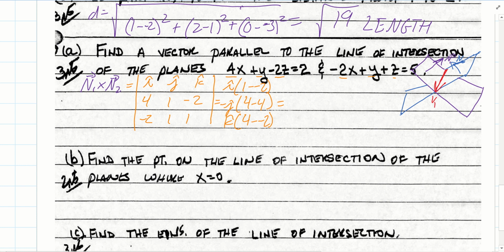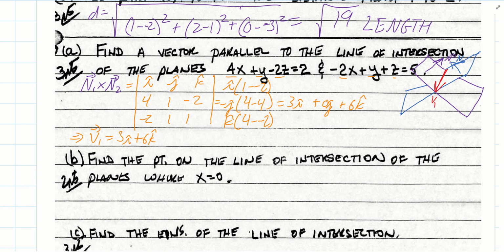And the overall vector will end up being 3i plus 0j. You don't have to include the 0j if you don't want to, plus 6k. So that implies vector v1 equals 3i plus 6k. So it has the vector parallel to the line of intersection of the planes.